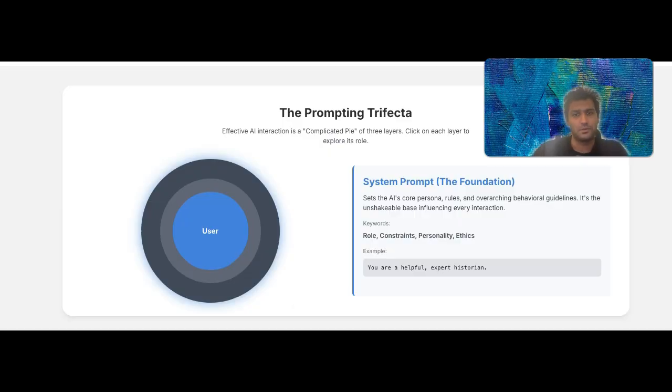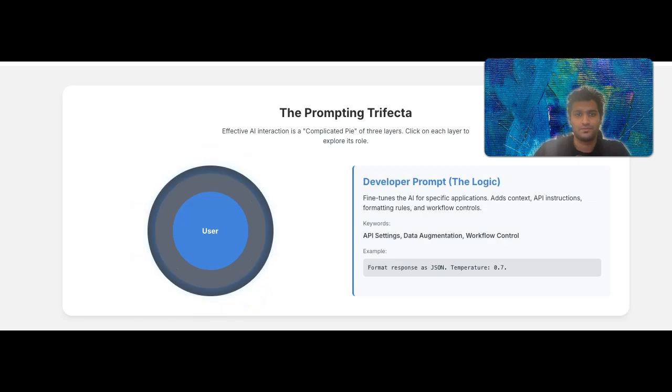Here's how the complicated pie works in harmony. The system prompt establishes the AI's baseline behavior, for example, be a factual science AI. Then the developer prompt adds application-specific instructions, for example, format your answer in bullet points, keep it under 200 words, and if the user asks about a biological process, first define key terms.